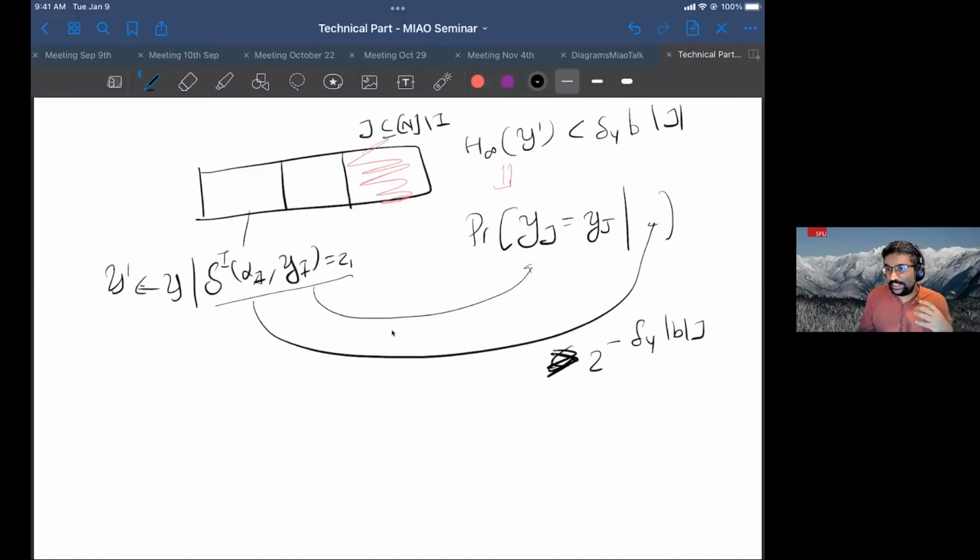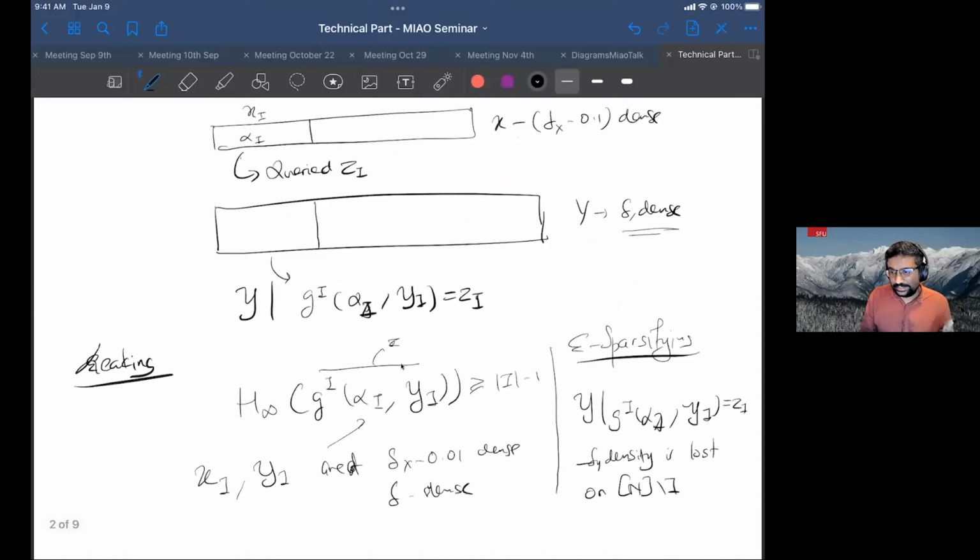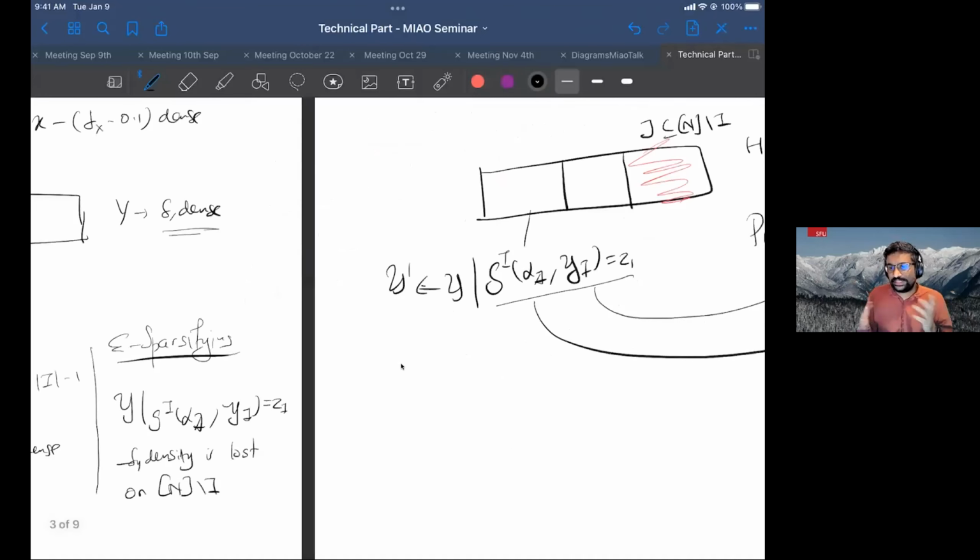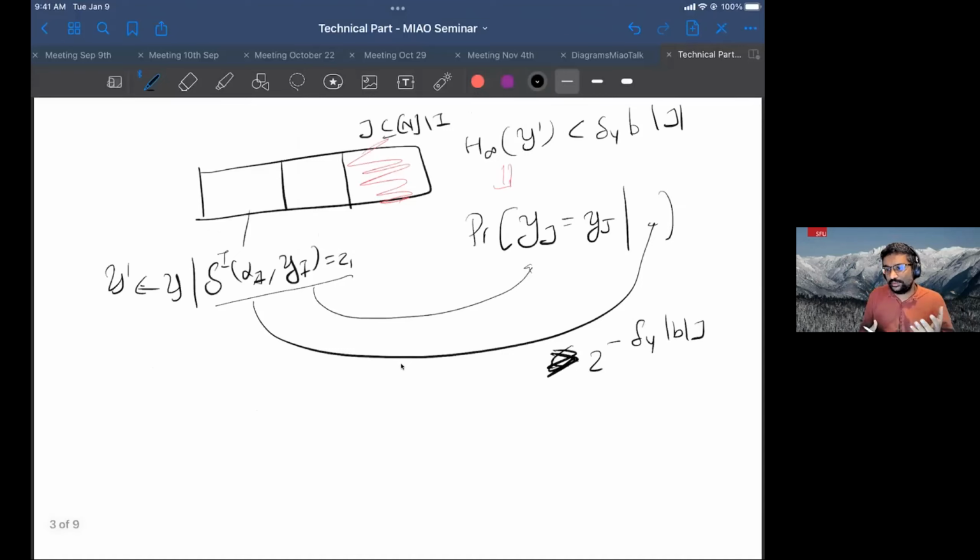But the min entropy of the gadget is quite high because we are in a non-leaking setting and we had uniform marginals because x was somewhat dense and y was dense. So we know that for most x's and y's, this would not happen. This correlation, that you can fix some unqueried blocks of yj and it could affect a particular gadget output, is unlikely.